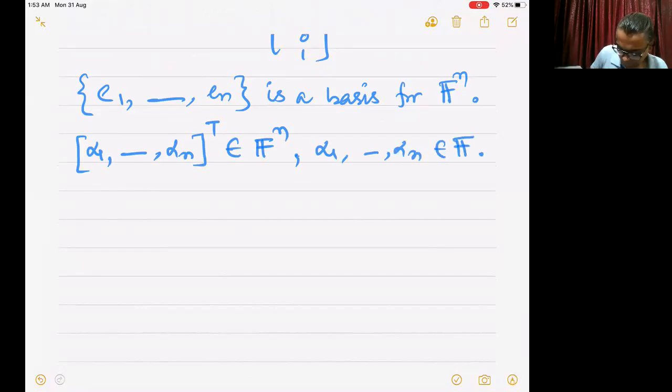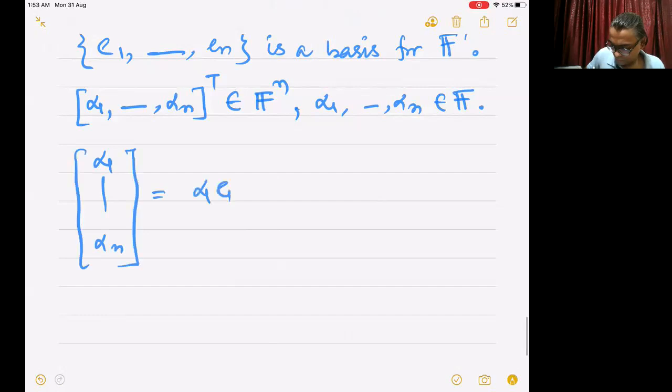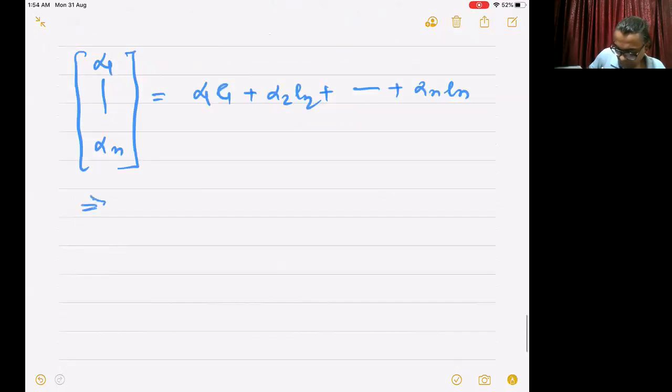Of course, this vector can be written as a linear combination alpha 1 E1 plus alpha 2 E2 plus dot dot dot up to alpha n En, right? So that's why this is a generating set. So this implies E1 up to En span all of F to the n. So indeed, this is a generating set.